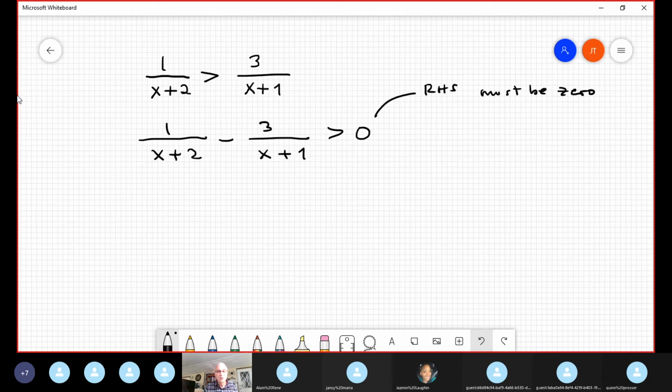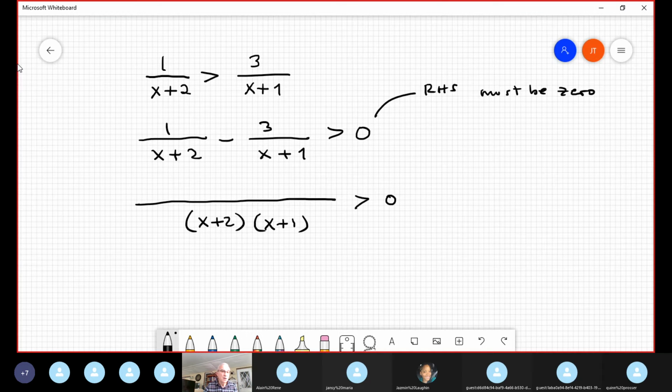Okay, so the least common denominator is both x plus 2 and x plus 1 together. And on the top we have, well, this divided by this, eliminate x. You divide the least common denominator by each denominator one by one, multiplied by the corresponding numerator, no?